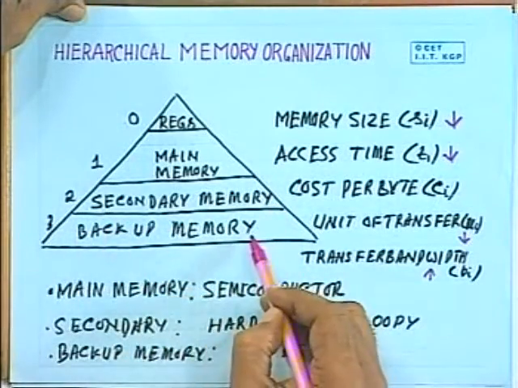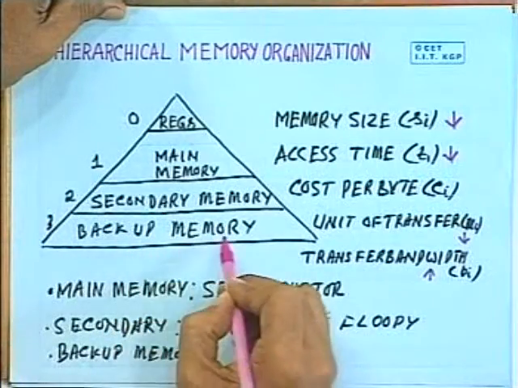Then comes the backup memory. Backup memory can be considered as the whole central library. Central library can have a large number of books, but unfortunately the books in the central library are not readily accessible. You have to go and borrow. And another important point is the backup memory is detachable from the system.